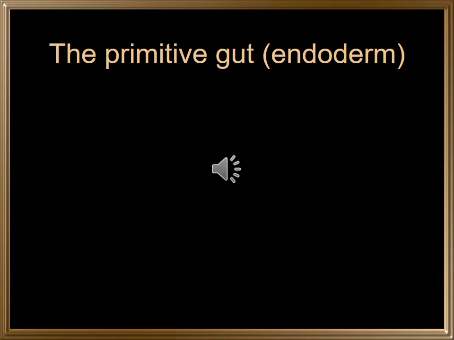So, primitive gut is formed from endoderm because of folding of the embryo, and this primitive gut communicates with the yolk sac at the umbilical cord level, and this will be taken as a reference point to divide arbitrarily. You must remember it's a continuous tube.